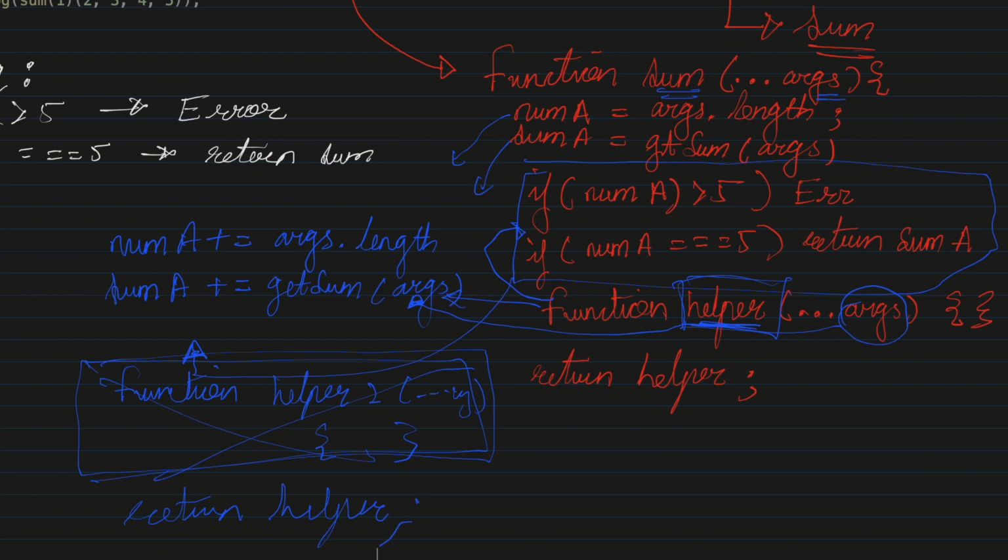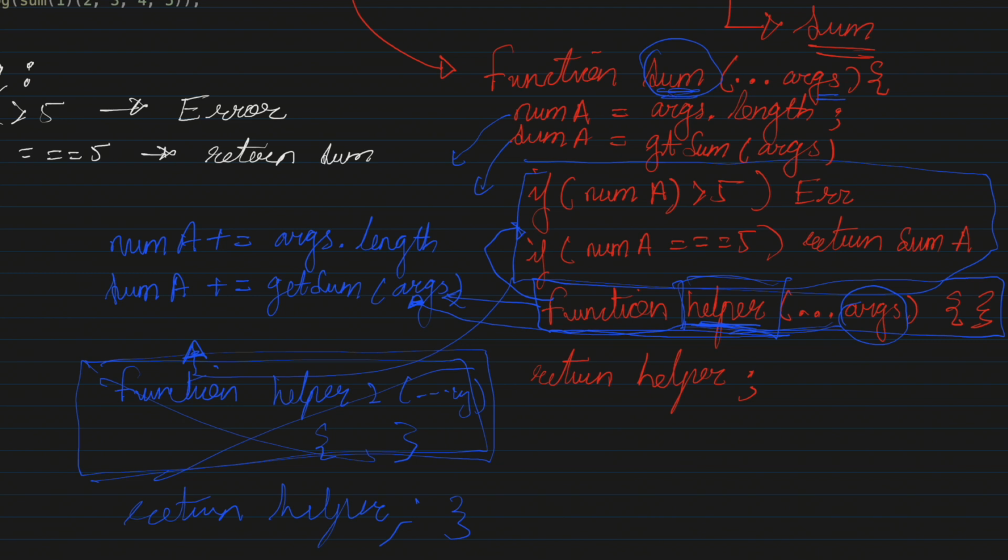Okay, this is fine, and this is our entire code actually. But now the question that should come to your mind is, if we are not writing one more helper function inside this, then why have we written this helper function in the sum itself? We could have directly written sum, right? But why not?